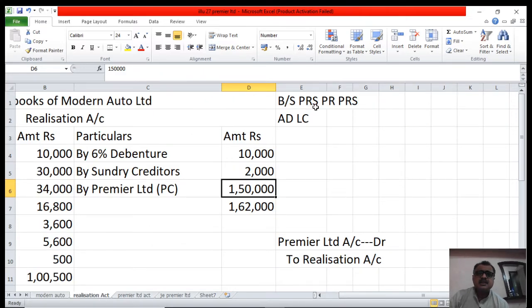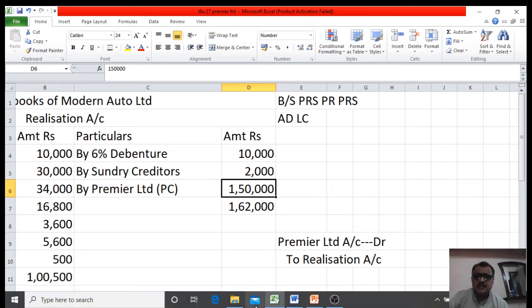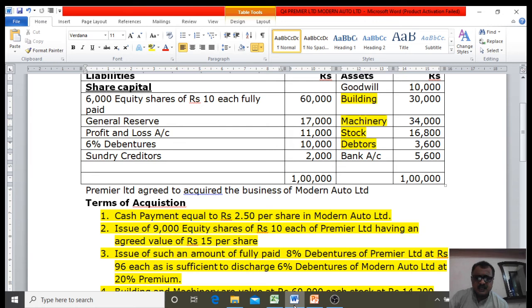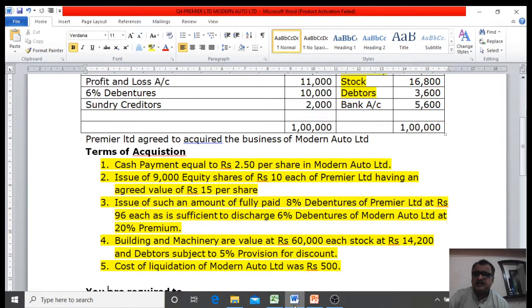S stands for sale of assets not taken over. There is no transaction. P stands for payment of liability not taken over. There is no transaction. R stands for realization expenses paid by vendor company. So there is one transaction related to realization expenses. Point number 5: cost of liquidation of Modern Auto Limited was rupees 500. Since Modern Auto Limited will pay the realization expenses, money will go out.